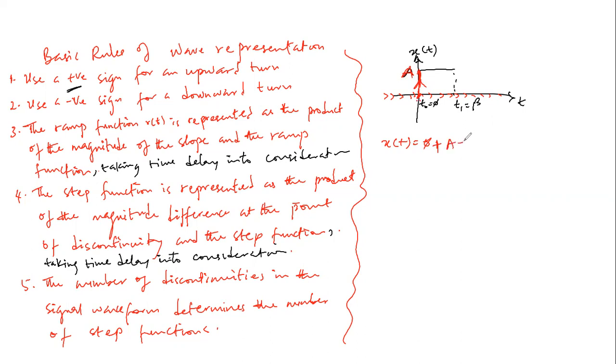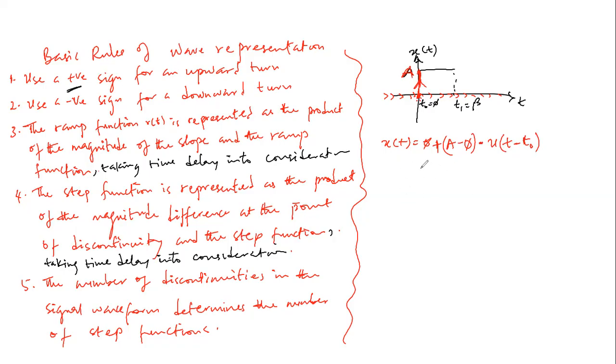So the difference is A minus 0 times the unit step function itself, u of t, taking time delay into consideration. So this occurred at time t naught. So that will be minus t naught, okay?